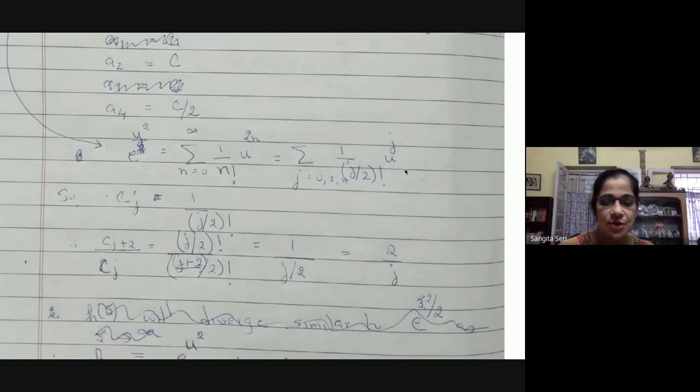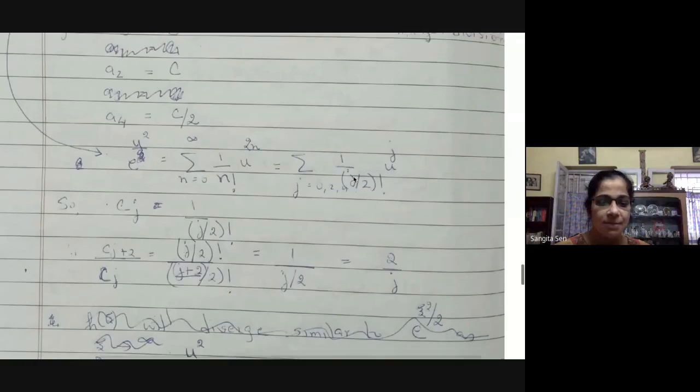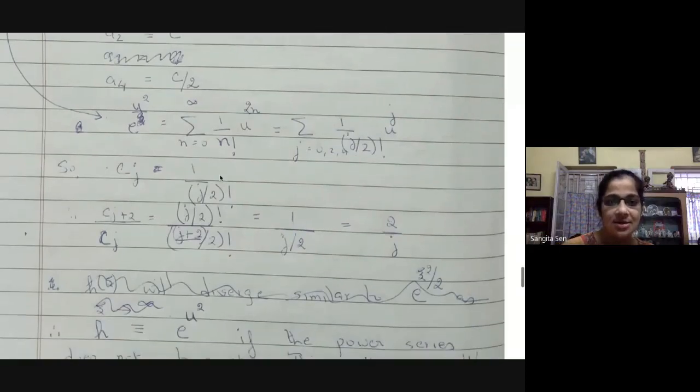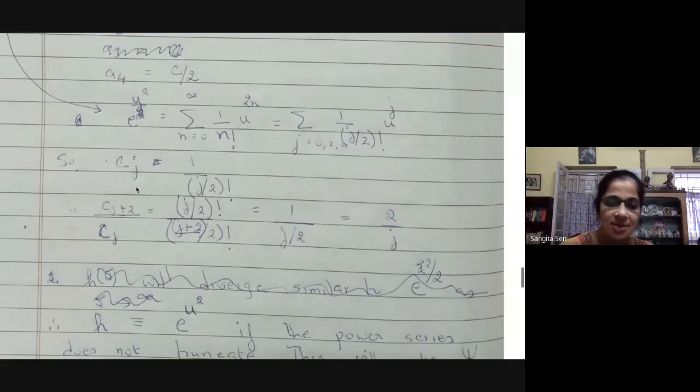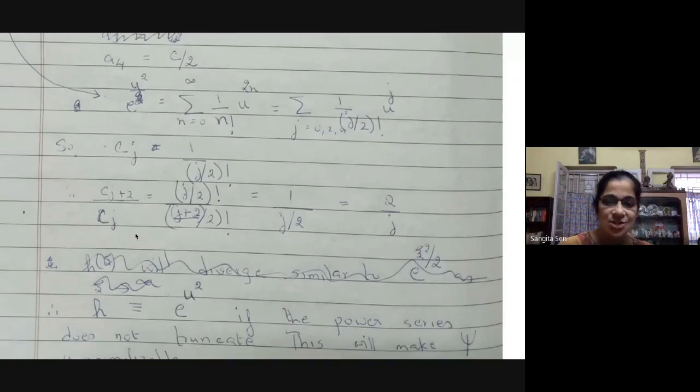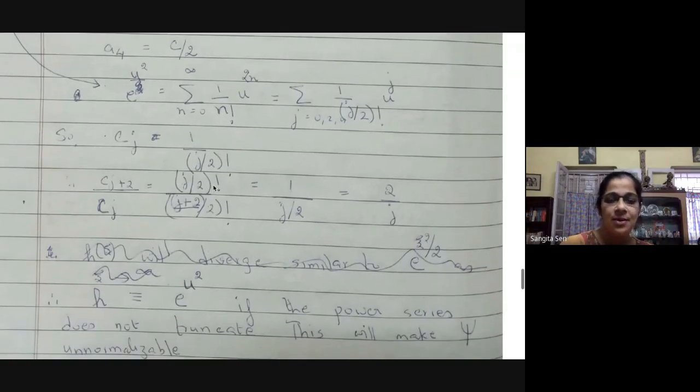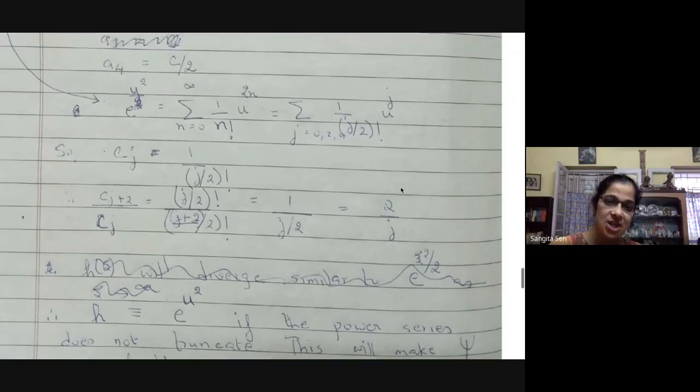Then the coefficient for u^j becomes 1 by (j/2) factorial. So that is like, let's say, c_j. Then c_(j+2) by c_j turns out to be (j/2) factorial by ((j+2)/2) factorial, which is 1 by (j/2 + 1), which is again approximately 2 by j.